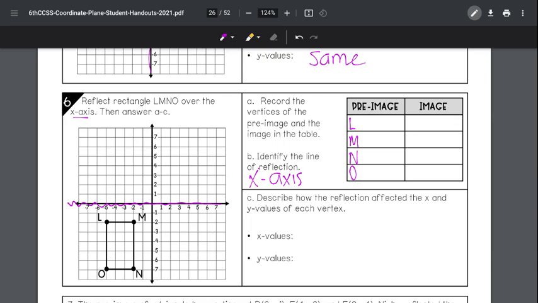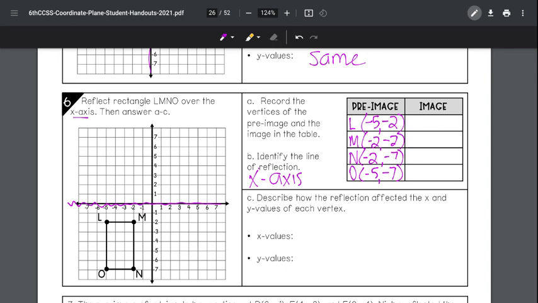L is at -5, -2. Left 5, down 2. M, -2, -2. N, -2, -7. And O is at -5, -7.